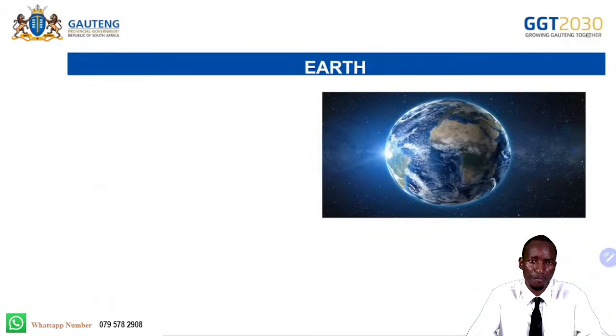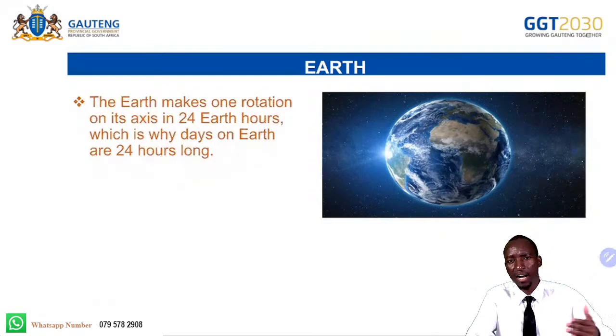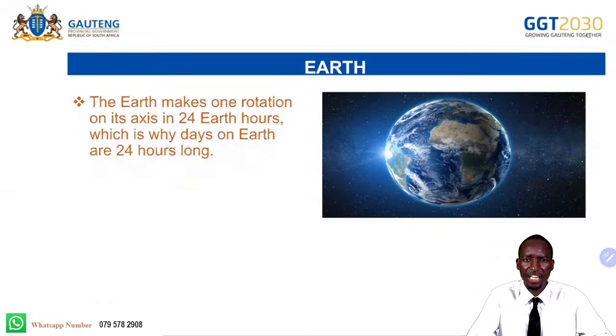As we go to our very own planet Earth, what we need to know about planet Earth. The Earth makes one rotation on its axis in 24 Earth hours. That's why our day here on Earth is 24 hours long, because the Earth takes 24 hours to rotate through its axis.